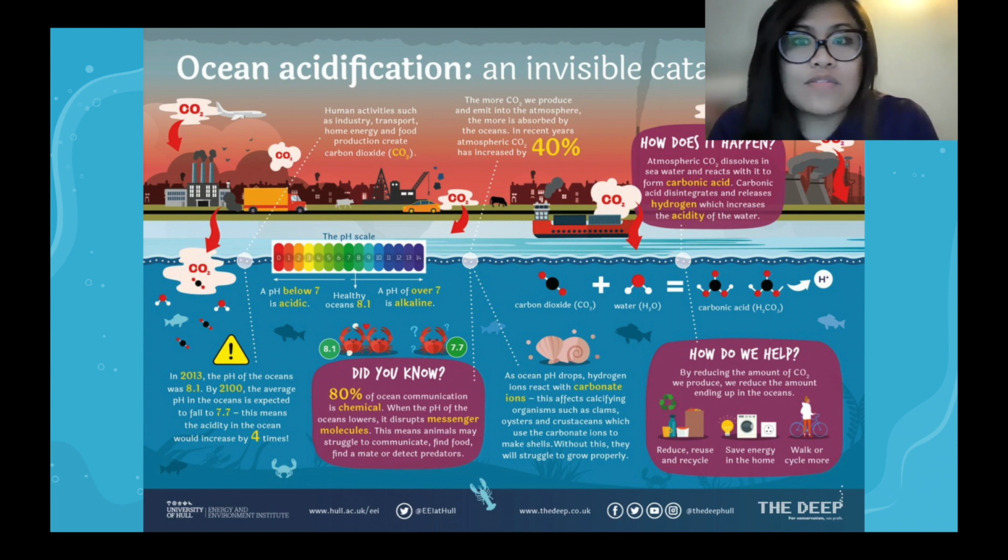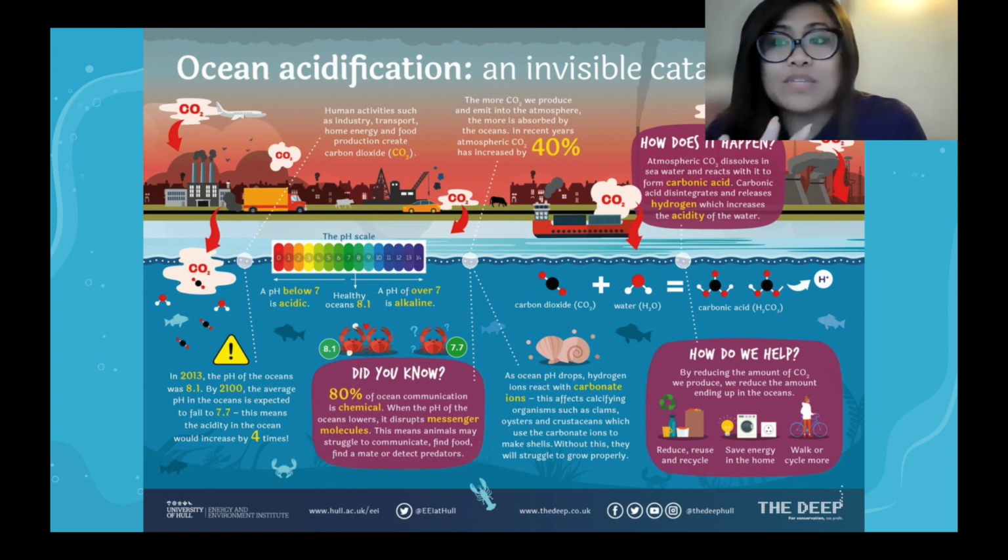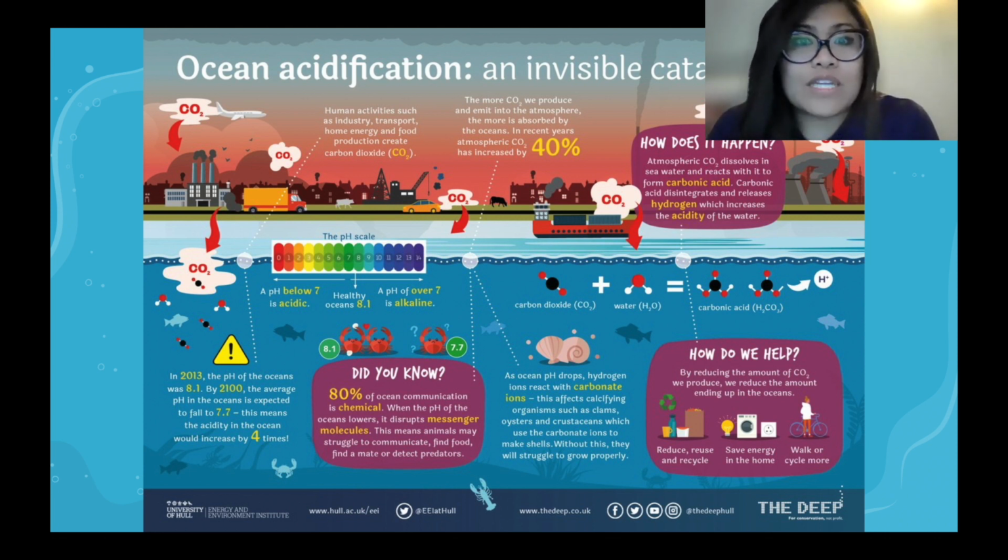Ocean acidification is an invisible catastrophe in the world, and a lot of people haven't even heard of acidification before now. It is affected a lot by human activity. Human activities such as industry, transport, home energy, and food production create carbon dioxide.